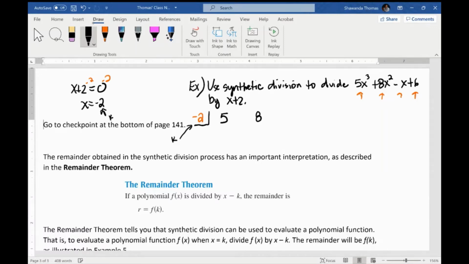Next number, -1. Next number, 6. What if we were missing a term? You'll put 0 in that place. First step, we're going to bring down the 5. I always bring down the first number.